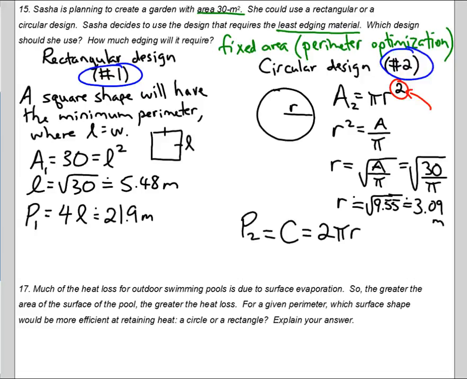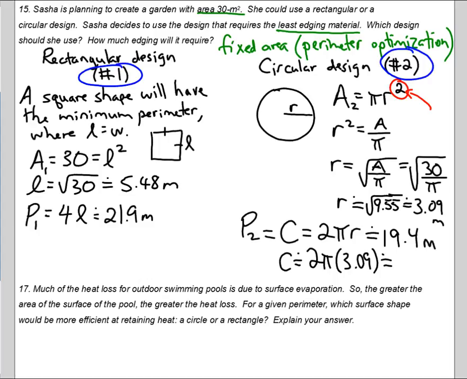So we know the r value, 3.09 approximately. We multiply that by 2 and also by pi, and we get about 19.4 when we're putting in 2 times pi times 3.09. Okay, so in this case, our approximate circumference or perimeter is 19.4 meters.